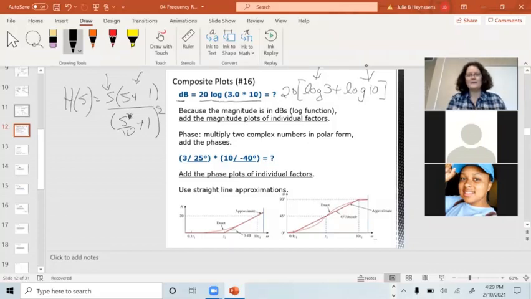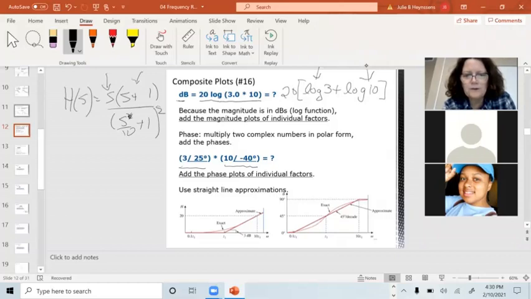But I have to add them together across frequencies. We'll do this in bamboo paper really quickly. Now for phase shifts, remember when you were multiplying things in polar form back in 188: you multiplied the magnitudes together and you added the phase shifts.